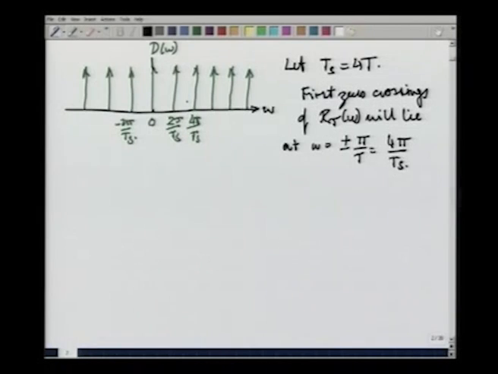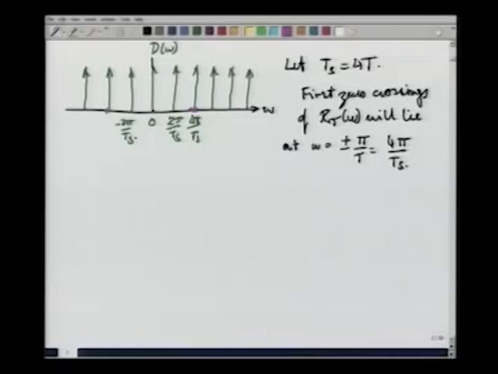So, let us see where is 4 pi by Ts. This is the place. Let us now use a different color. So, this is the first zero crossing of pi by t, and similarly on this side. Now between these two places you have the curve of RT of omega, which is a sinc function.